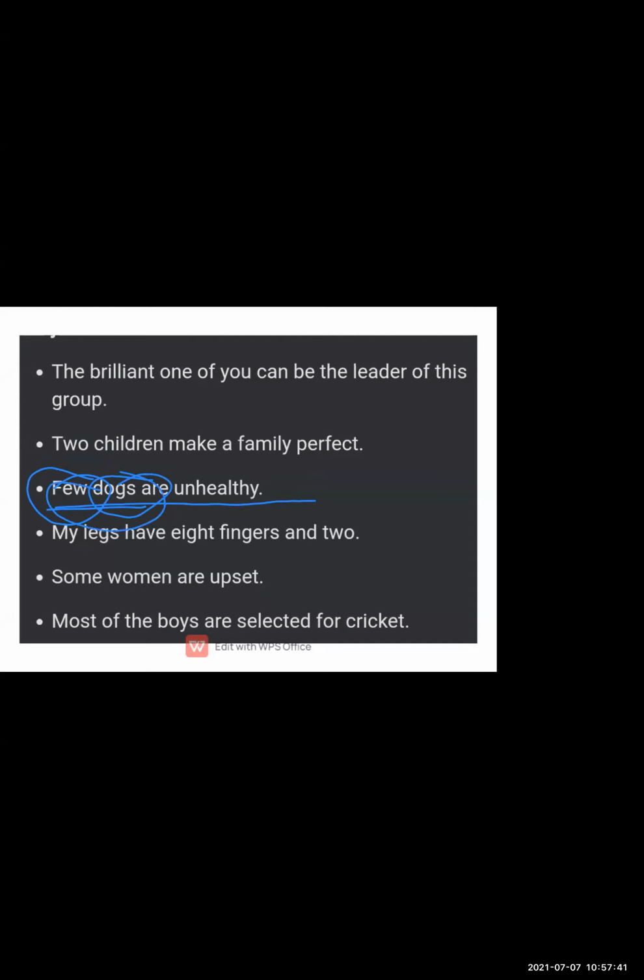So "few dogs": dogs is a countable noun and this is the word "few". So that's the reason it comes under the adjective of number. You have to keep this in your mind whenever you identify adjective of number and adjective of quantity.